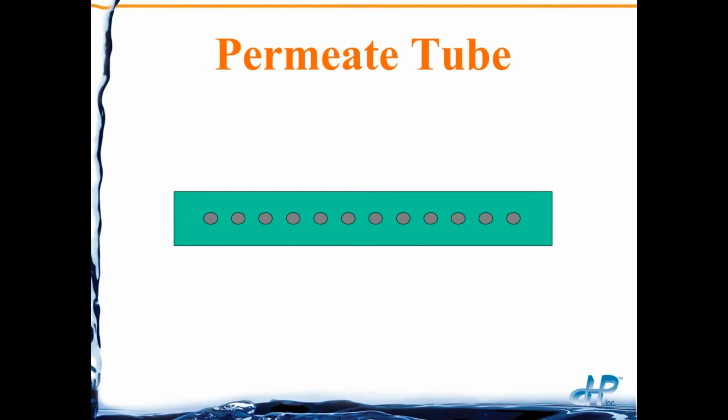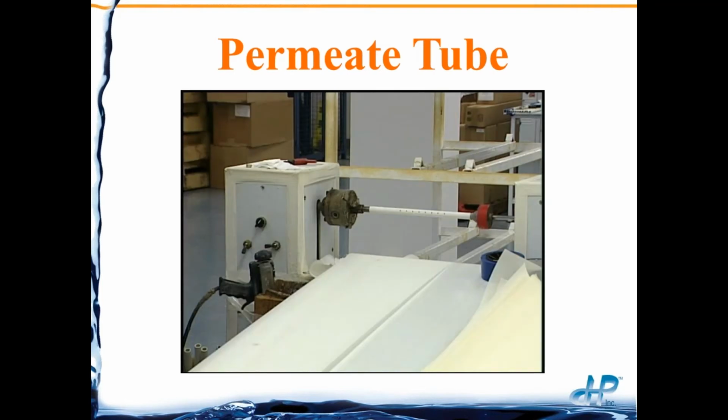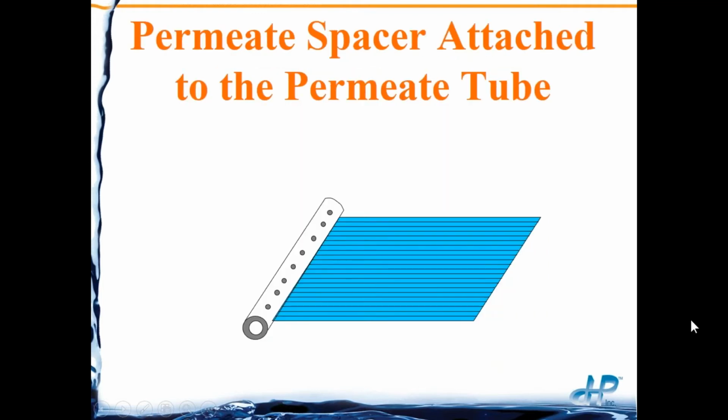As I mentioned previously, we need to have some way to get that water out of the membrane element. So we have a permeate tube that has holes in it. And so here's our drawing of it. And here's a small home drinking water element on a rolling machine. And as you can see right here, that's the permeate tube that has holes in it. And then our permeate water carrier is down here below.